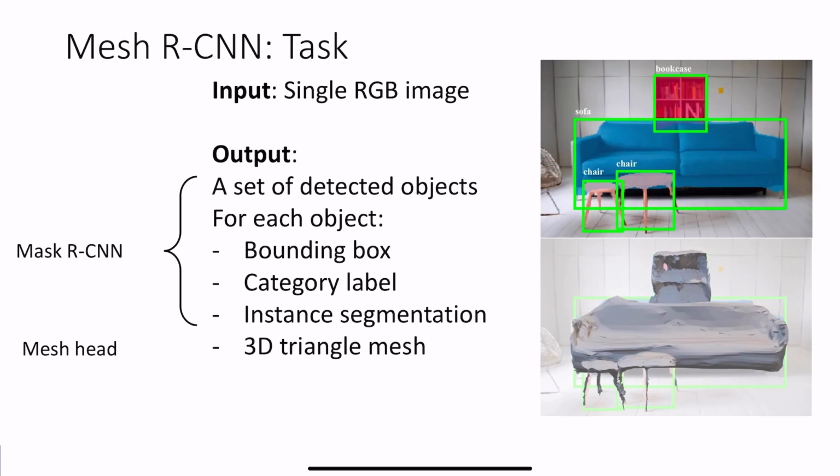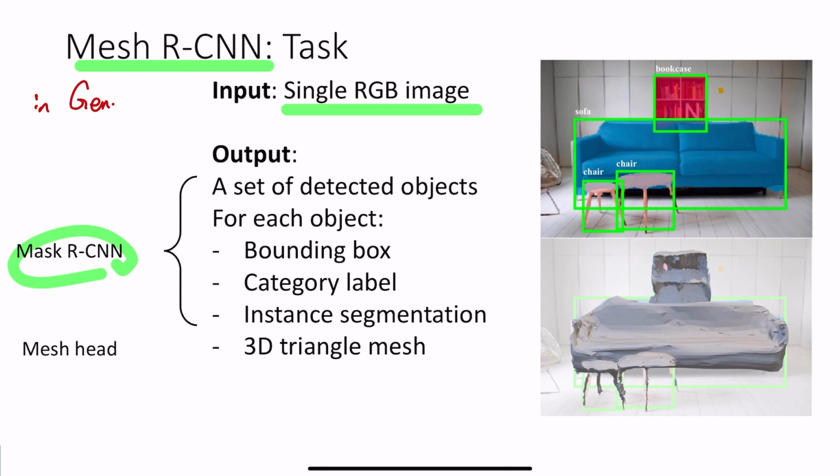So in other words, the Mesh R-CNN task is, given a single RGB image, in the Mask R-CNN generalized framework, it just outputs a set of detected boxes, right?